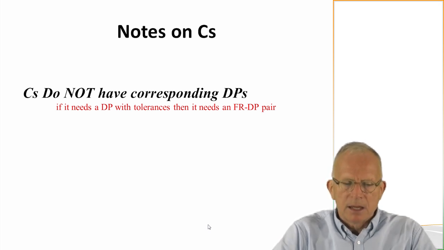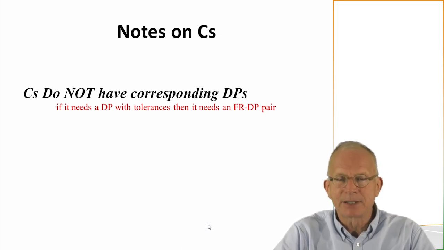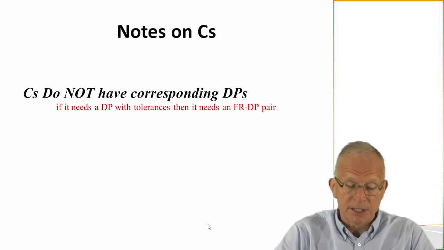And the main thing is that constraints do not have corresponding DPs. If something needs a corresponding DP, then it's not a constraint, and it needs an FR-DP pair.